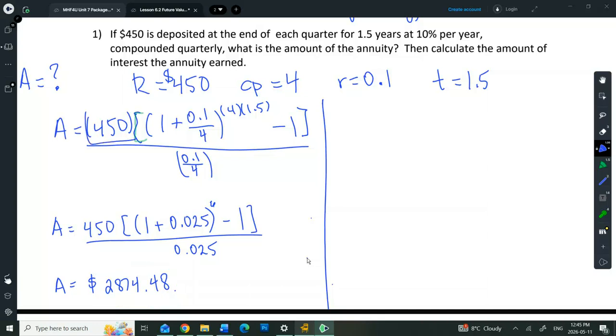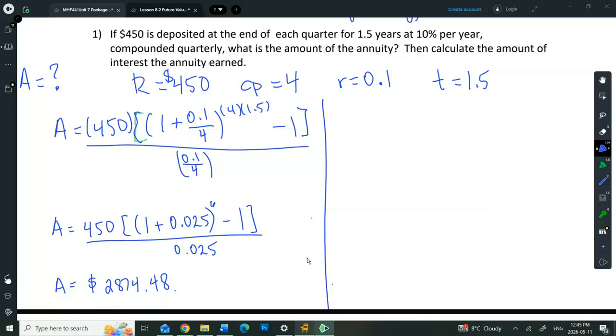We're putting in $450 4 times a year for 1.5 years. So we need to figure out how much of that is what we put in and how much of that is actually interest that's added on here.